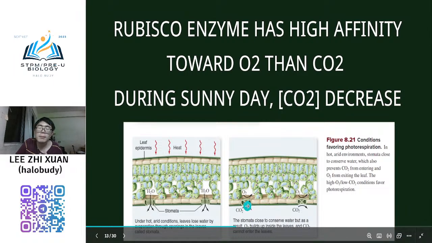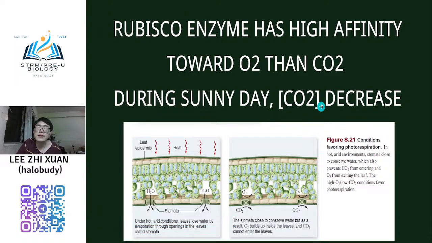So the oxygen concentration accumulates in the leaf, meaning the concentration of carbon dioxide in the leaf is decreased. When oxygen increases, the Rubisco enzyme will bind to oxygen rather than carbon dioxide. This will give the effect of photorespiration.